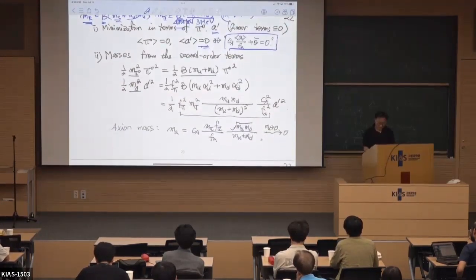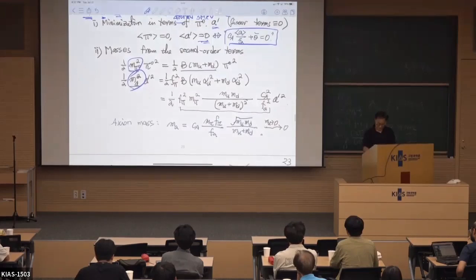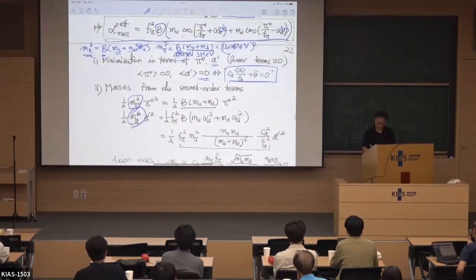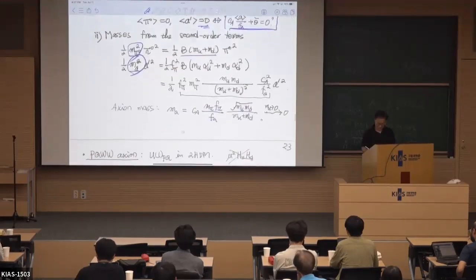And from the second order terms, we already calculated this. And then the axion mass is also trivial to calculate. So you expand this and take the second order term of A prime, and then this should be the axion mass.